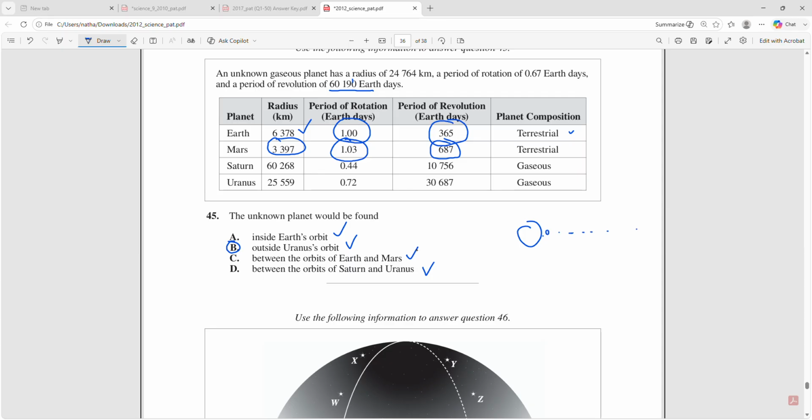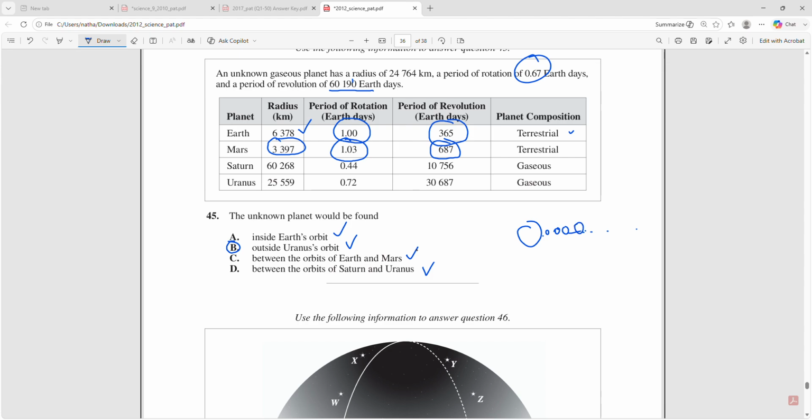So I wouldn't rely on that, but let's look at what else we have. It says the period of rotation is 0.67 days. Well, again, we've got Mars. Earth is the third planet from the sun. Mars is the fourth one.